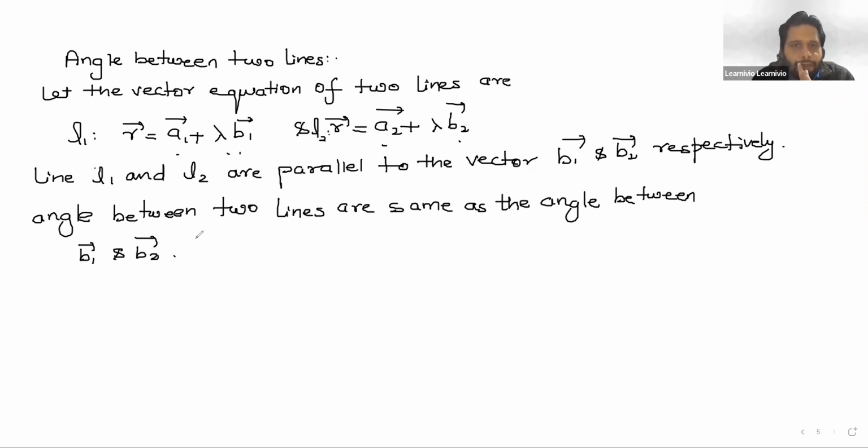So the angle between line L1 and L2 is the same as the angle between B1 and B2. Is this clear to everyone, or do I need to draw a figure for this? Please tell me.